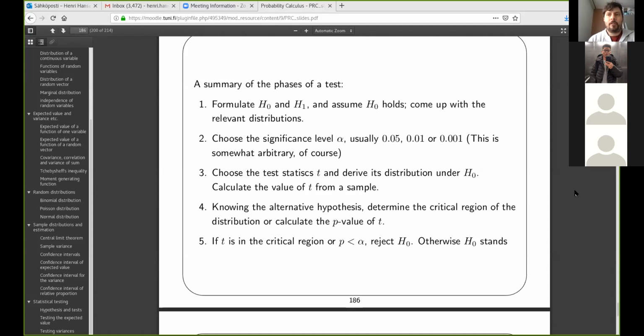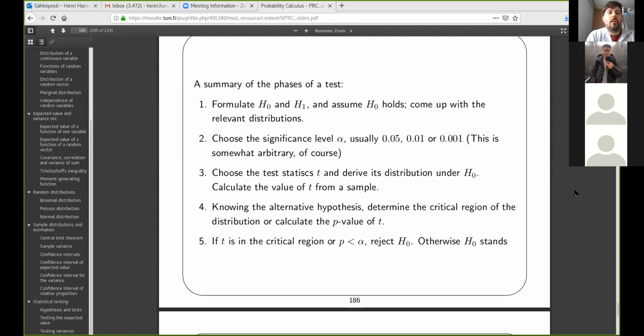The main idea of hypothesis testing, like we discussed last time, is that you formulate a null hypothesis in which you assume that some conservative assumption is true, and you formulate the relevant distribution regarding what the null hypothesis is.